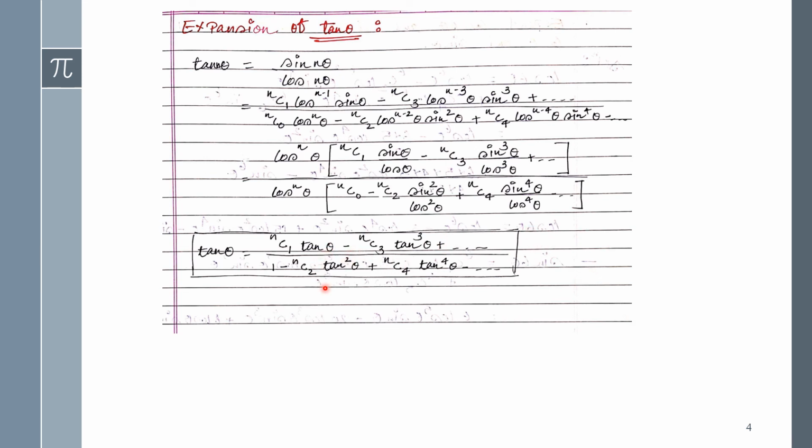Similarly for the denominator: 1 minus nC2 tan square theta, plus nC4 tan raised to 4 theta, then the next term will be nC6 tan raised to 6 power theta, and so on. So we can say that in the numerator are all the odd powers of tan and in the denominator all the even powers of tan.